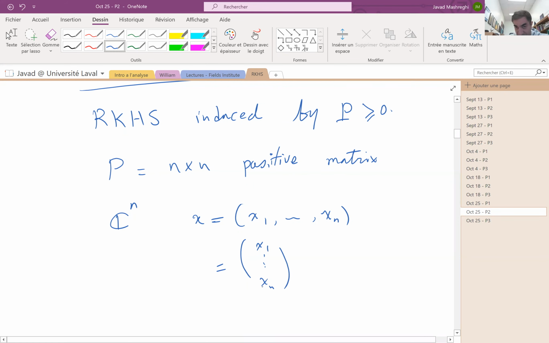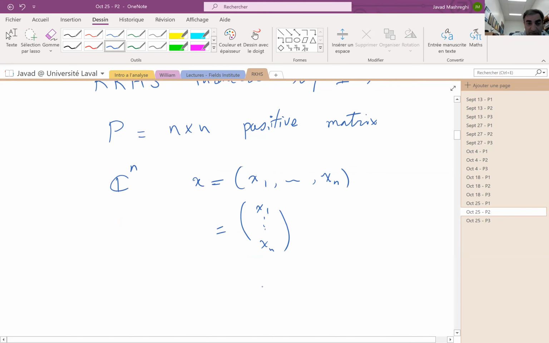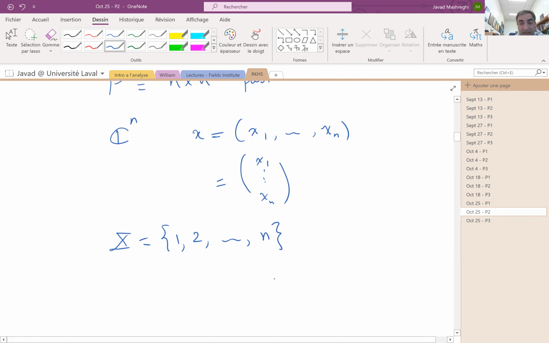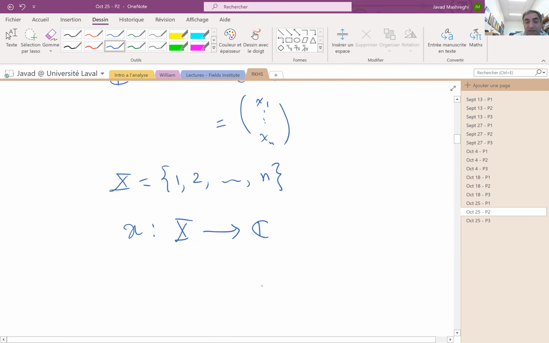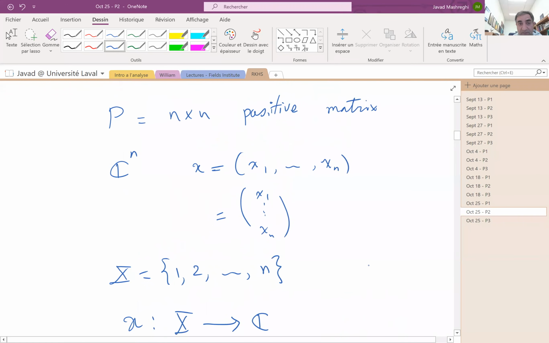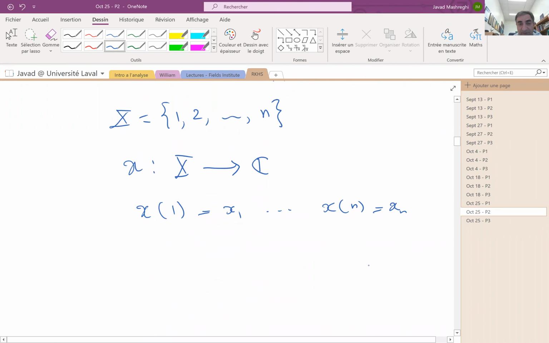But another point of view, which I already use, is to consider the set X, 1, 2, 3, up to n, and look at x as a function on X with values in C, such that x at point 1 is the first component, and at point n is the nth component. With this point of view, we can look at P, this n by n positive matrix.